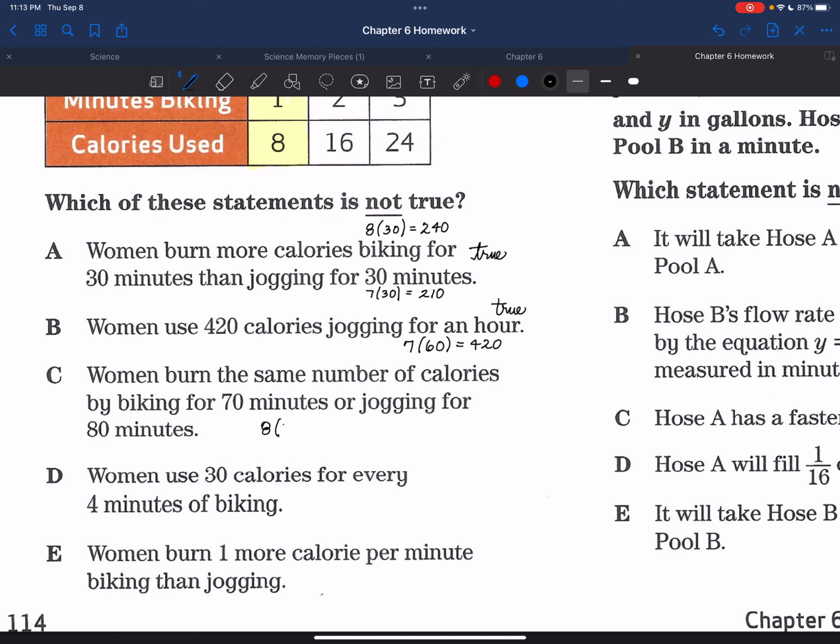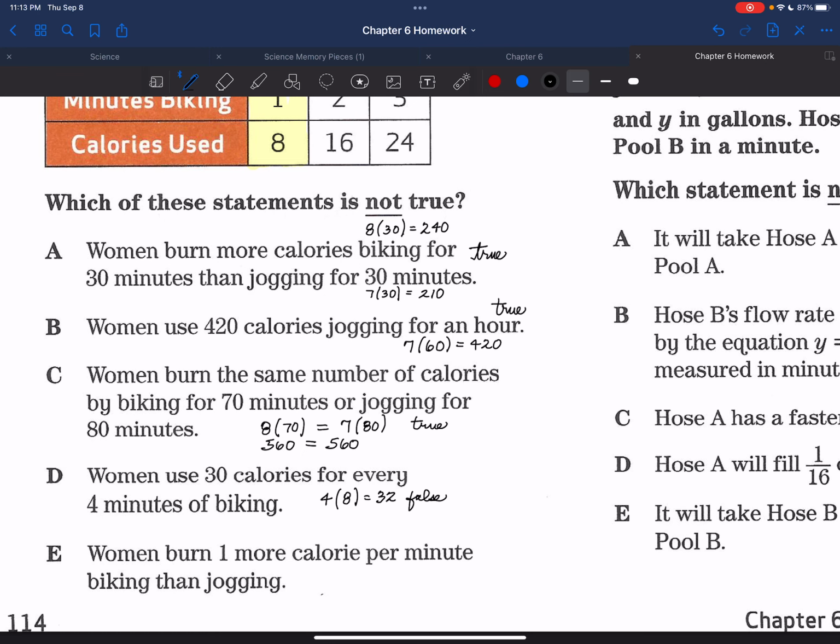That's 8 times 70, and that's supposed to be the same as jogging for 80 minutes. So this is 560, and this is 560. This is a true statement. Women use 30 calories for every 4 minutes of biking. Well, 4 minutes times 8 per minute is 32. This is a false statement.